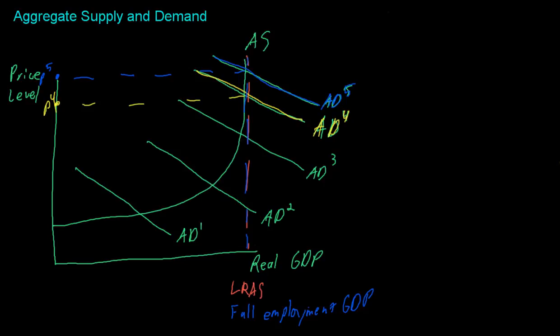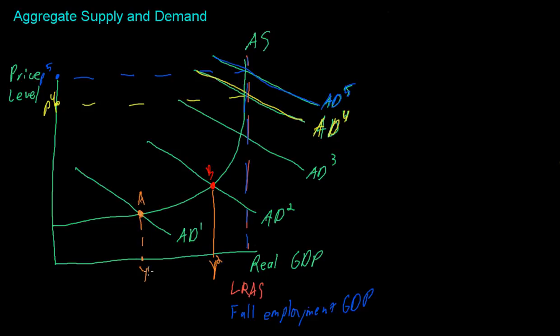So let's say that we're at point B, because it matches up with aggregate demand 2. If we're at point B and aggregate demand decreases to AD1, so we go from AD2 to AD1, from point B to point A, then whereas when we shifted from AD4 to AD5 we only changed price, now we have also changed quantity, or in this case real GDP, which we'll call Y. So here we went from Y2 to Y1.